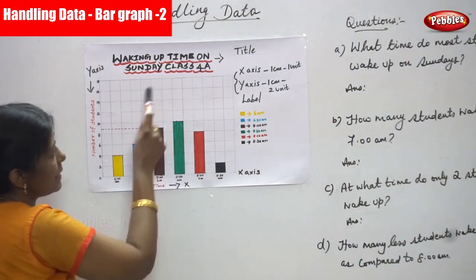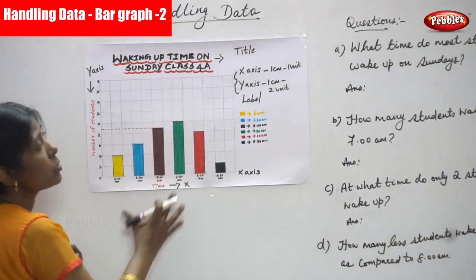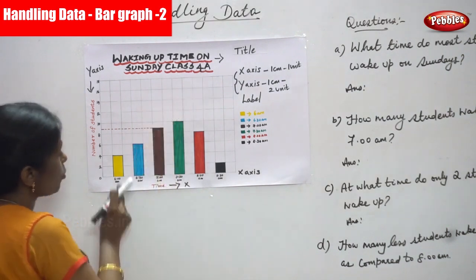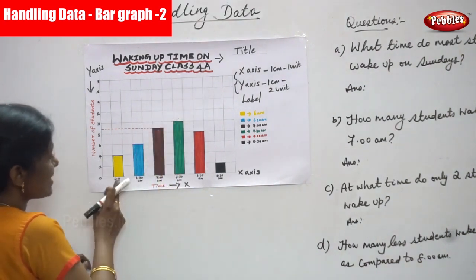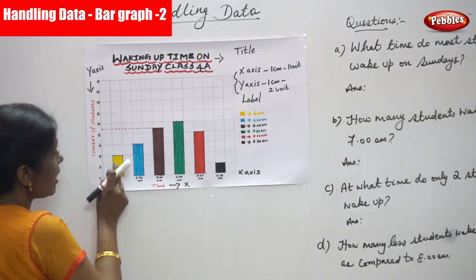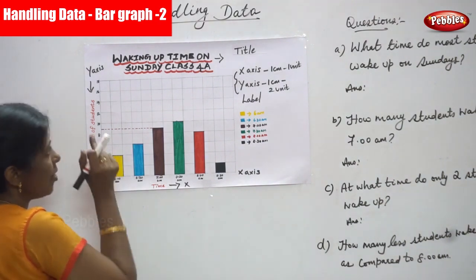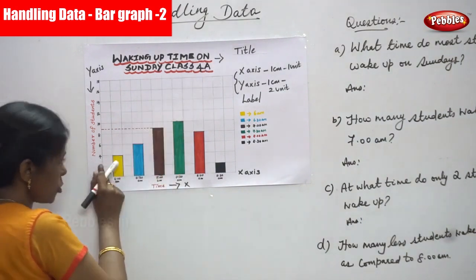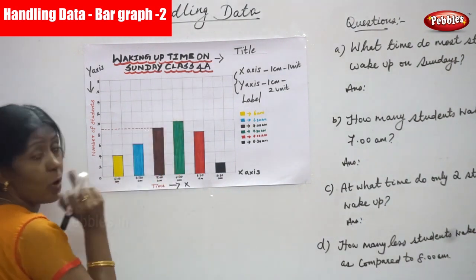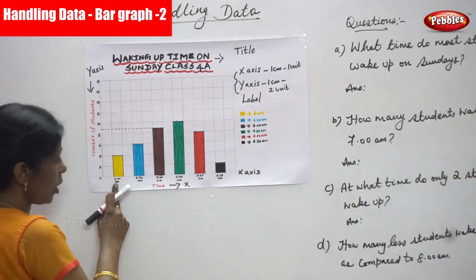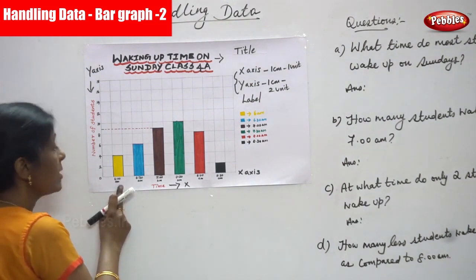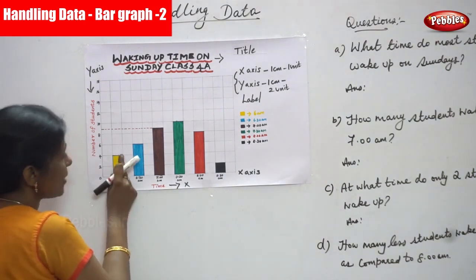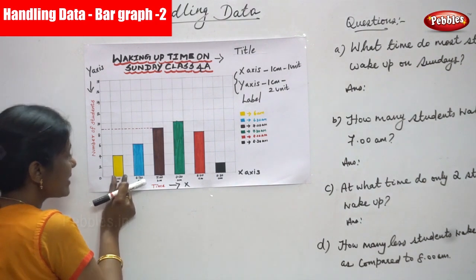How many students wake up at 6 o'clock? 4 students. So this is the vertical bar.